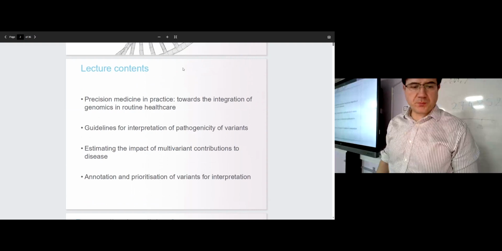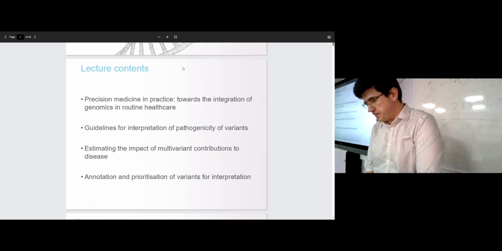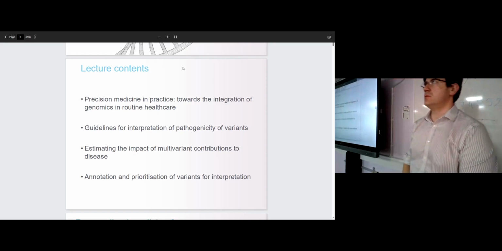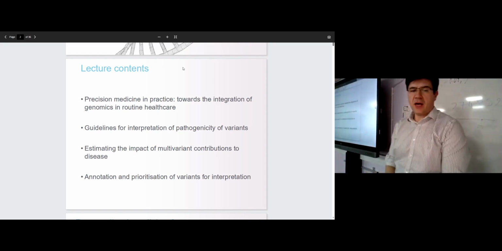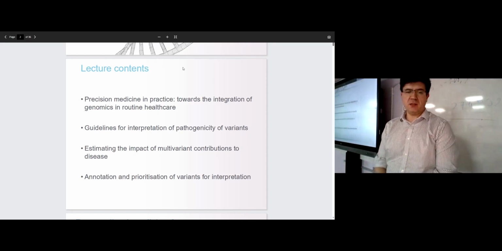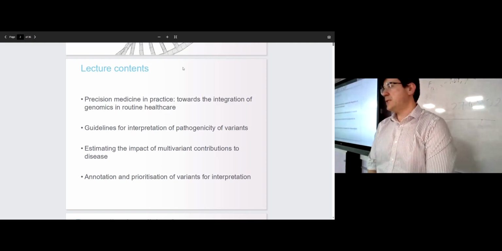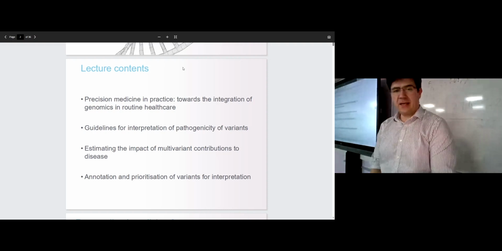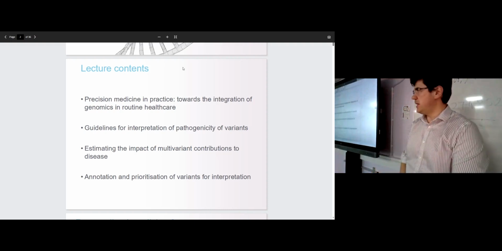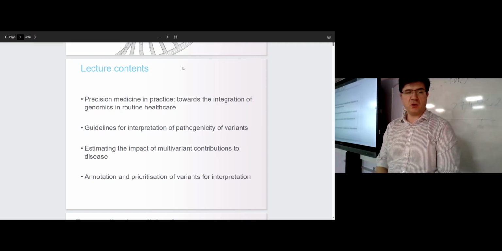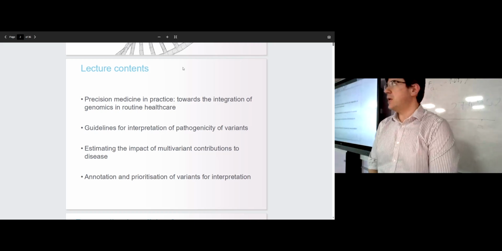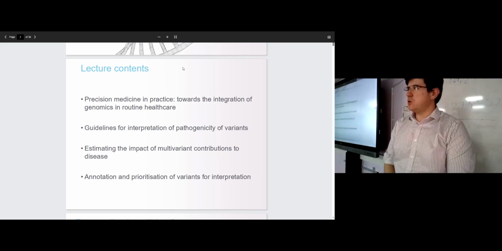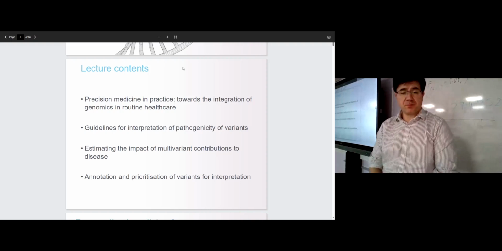So I'm going to talk about concepts around something called precision medicine, which is, to a great extent, the usage of genetic data in order for us to help diagnose and treat patients.